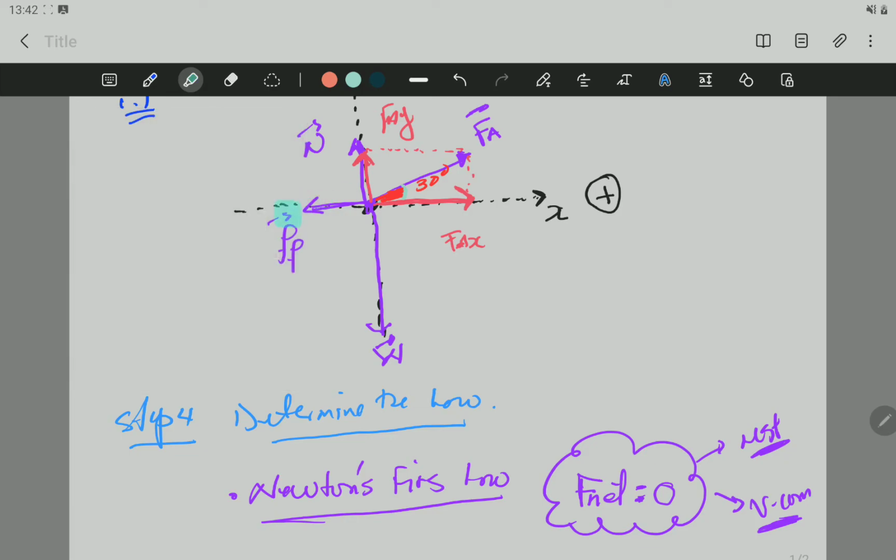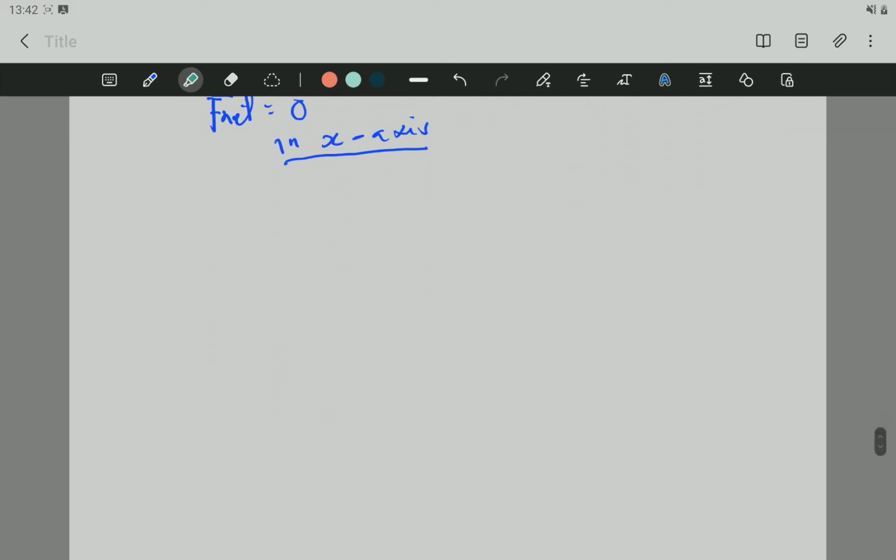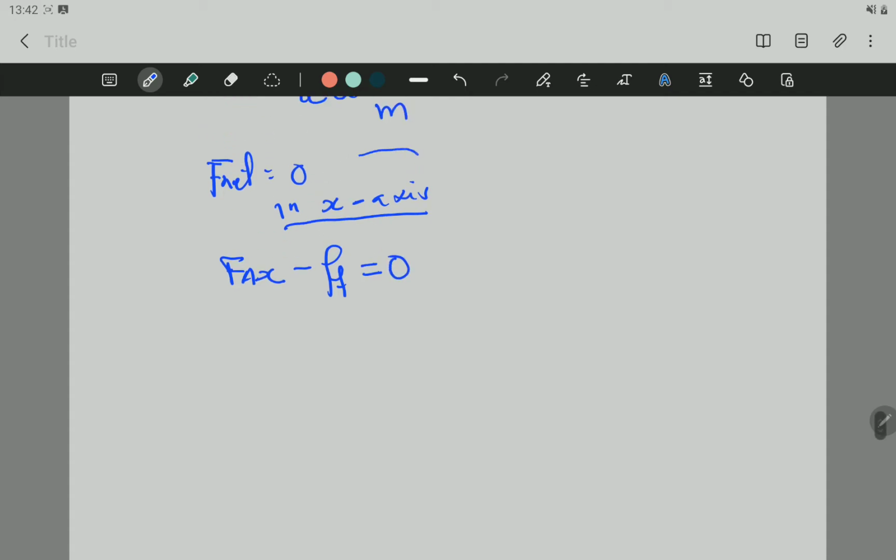Those are the frictional force and the applied force in x, which is a component of the applied force. Remember, we took right as positive, so the applied force in x minus the frictional force is equal to 0.